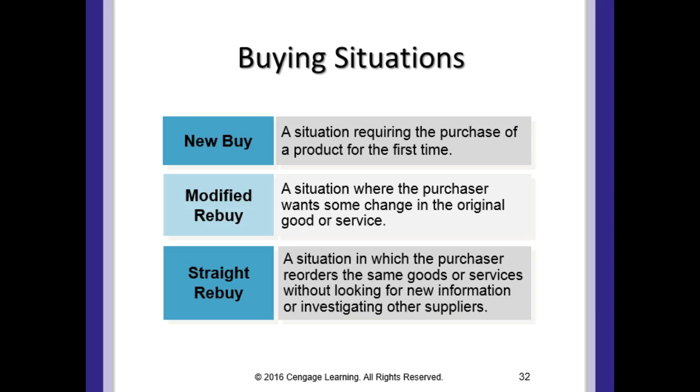Actually, it takes a lot of money also to go into this and make sure that you're getting it right the first time. And in the middle of those two is the modified rebuy, when you are buying something that you have purchased before, but you want to alter it, you want to make some modifications to the order, and then that would be the modified rebuy.